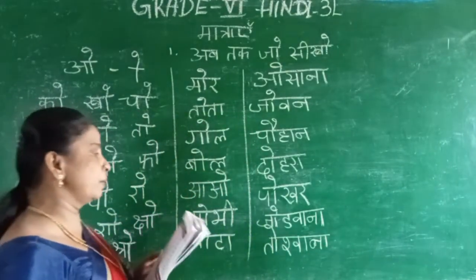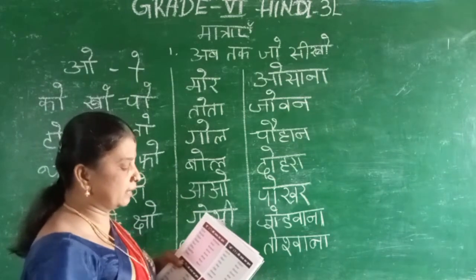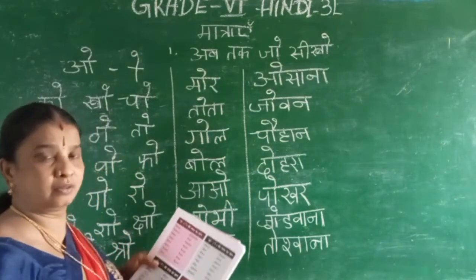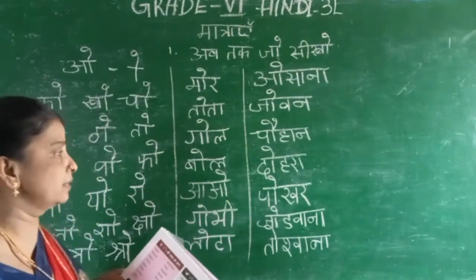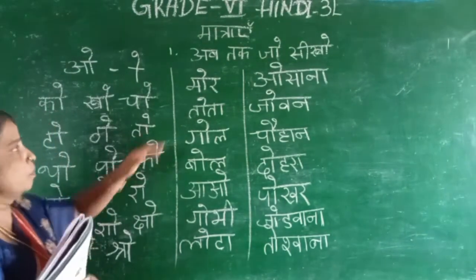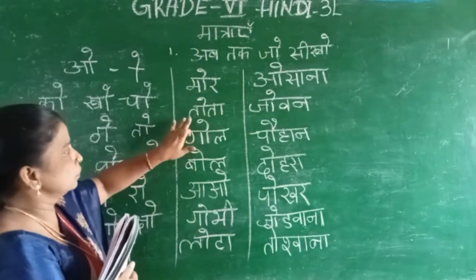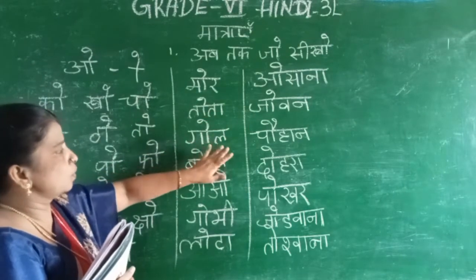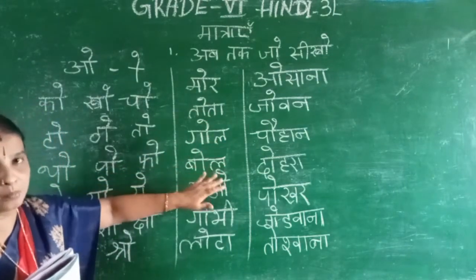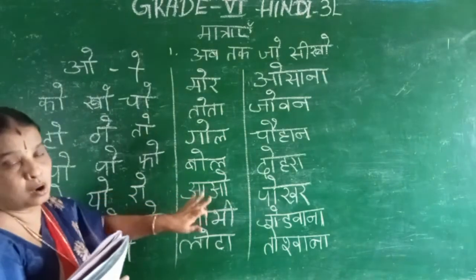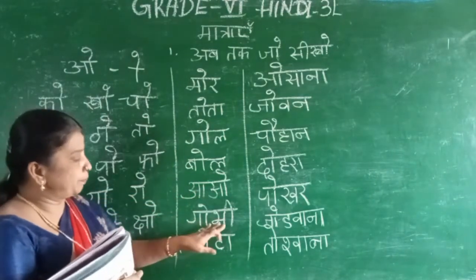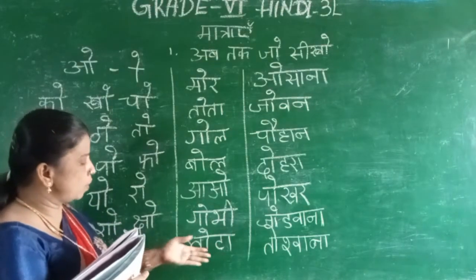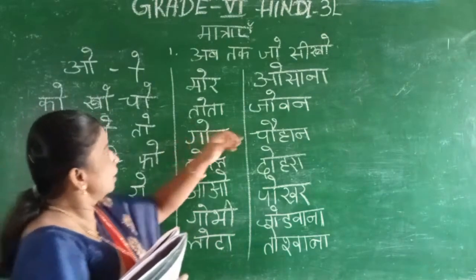But you read and write all the words from your book. That is for your practice. Listen one time. Mora, more. Tota, tota. Gola, goal. Bola, bowl. Gopi. Lota.